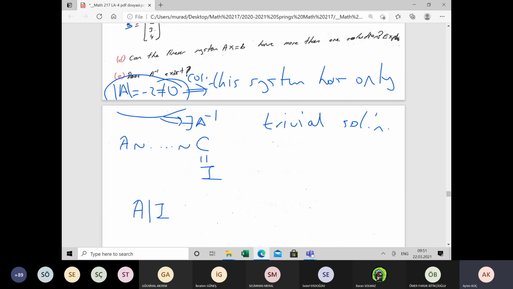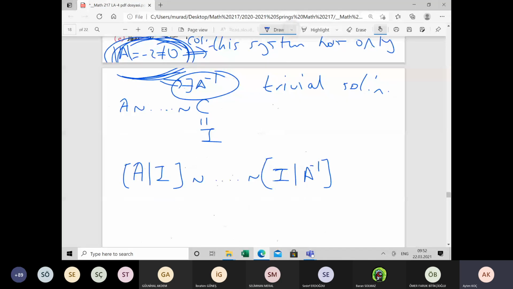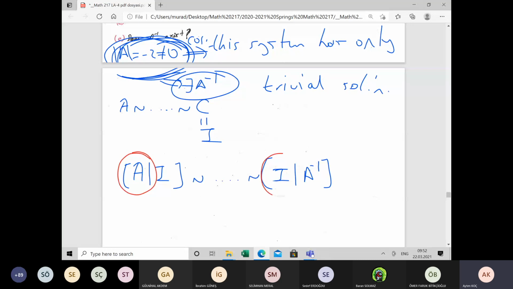We know the determinant of A is non-zero, so this matrix is invertible. So we get the reduced row echelon form, this one should be the identity, and the other one should be the inverse matrix, because the inverse exists. This means A is row equivalent to the identity matrix, because A is invertible.